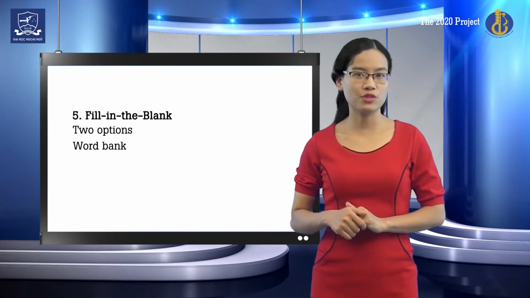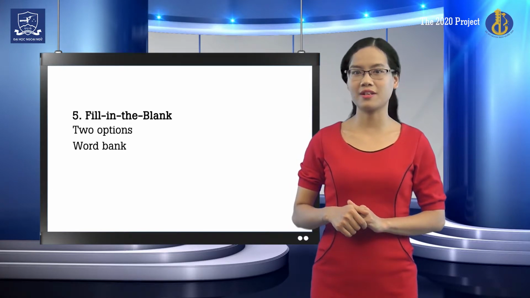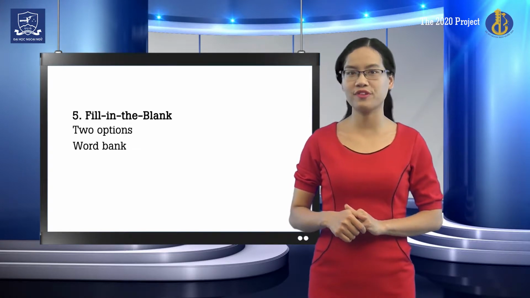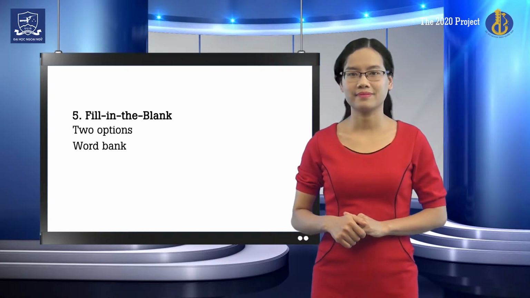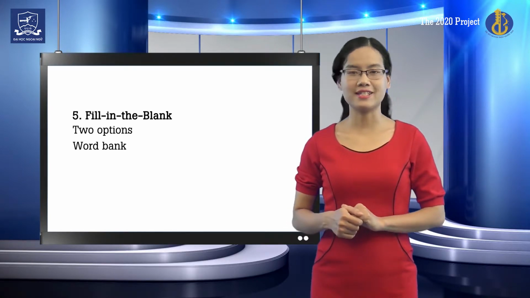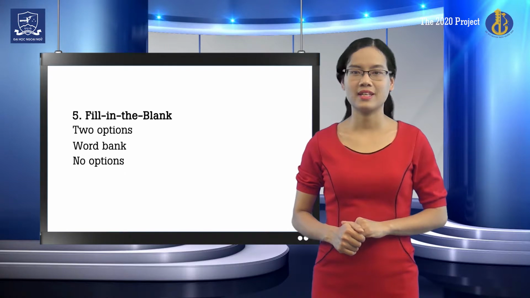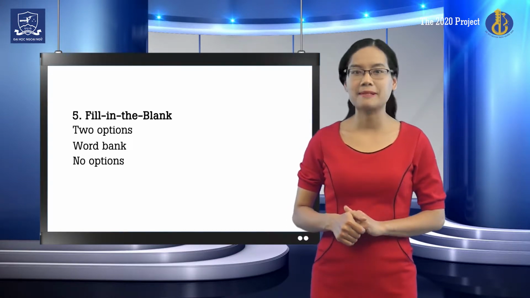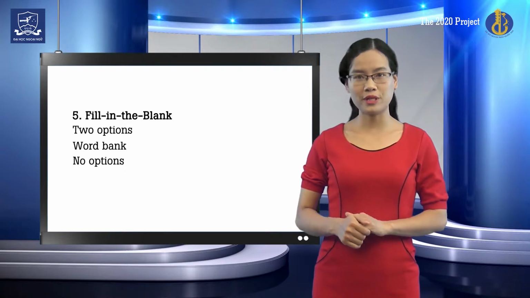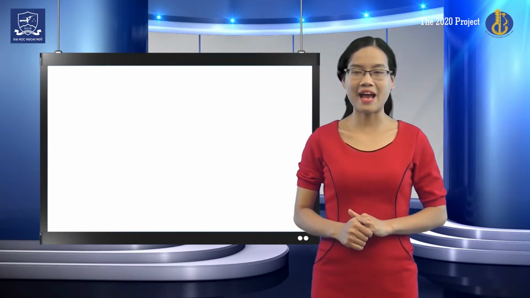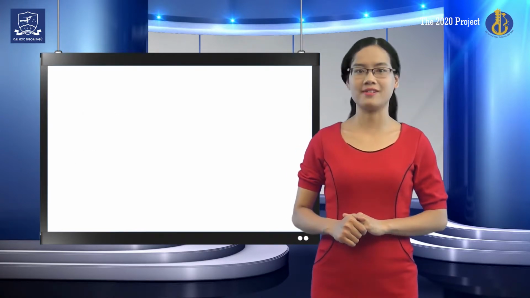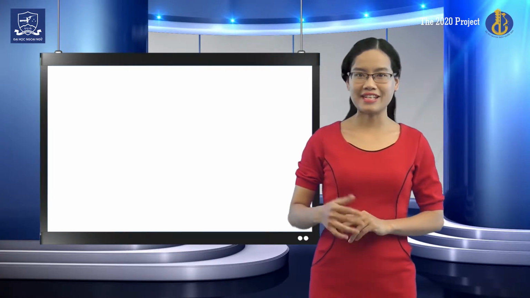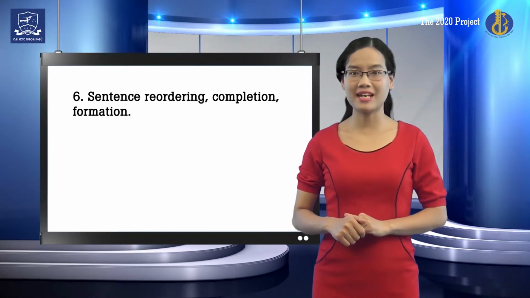And what they need to do is to choose the correct word or phrase to fill in the blank. The third version is no options. Students are presented with a text with blanks, and they have to produce the correct answer without any prompts or suggestions. The next type is related to sentence level.